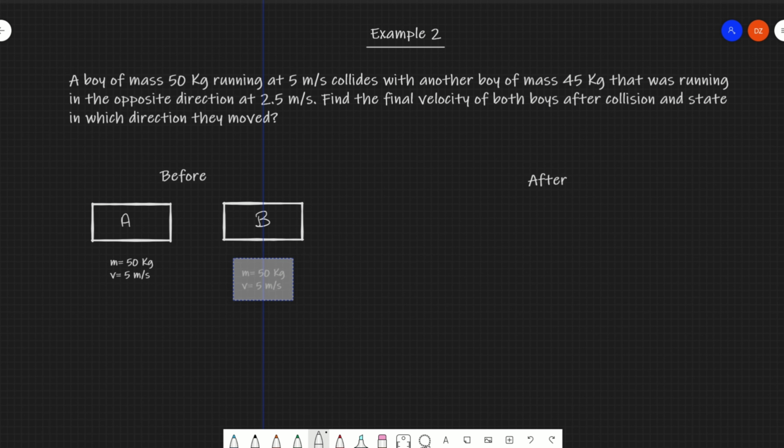Body B, before collision, has a mass of 45 kilograms, but was moving with a velocity of negative 2.5. Remember, negative 2.5 because body B was actually moving in the opposite direction as body A.